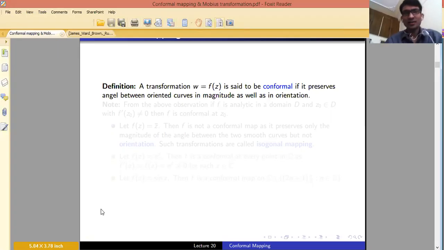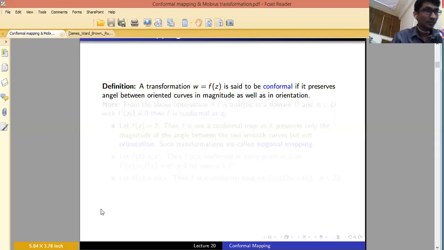So the definition of conformal mapping: a transformation w equals a function of z is said to be conformal if it preserves the angle between oriented curves in magnitude as well as in orientation. Therefore, we discuss the elementary transformation, the magnitude and the orientation.